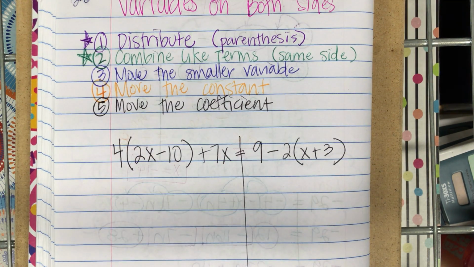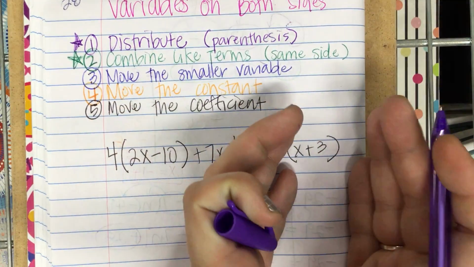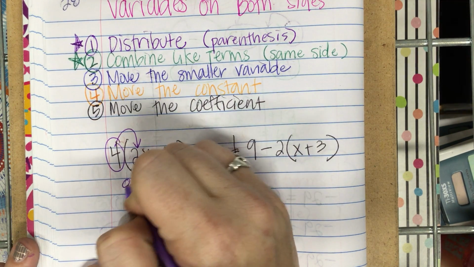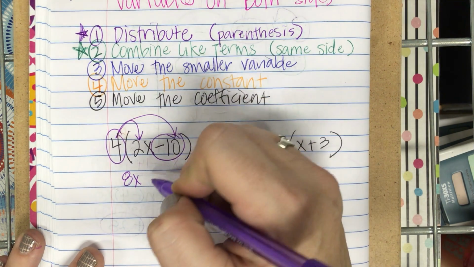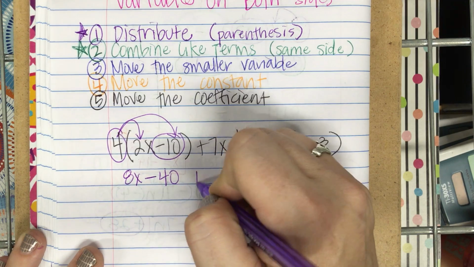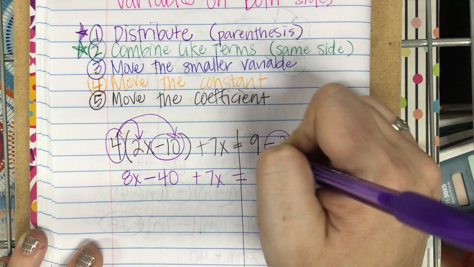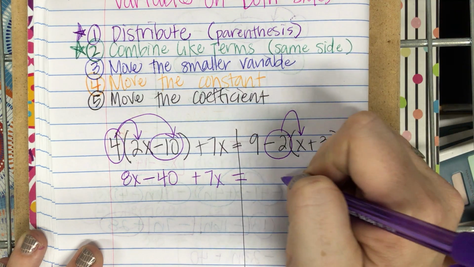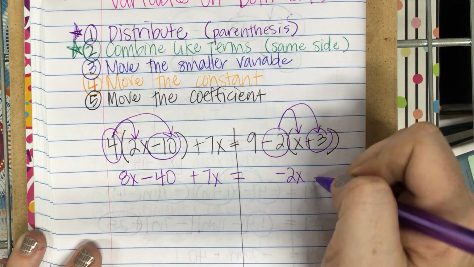My first question is, do I need to distribute? Are there parentheses? Yes. In fact, there are parentheses on both sides, right? So I'm going to have to do it once on the left and once on the right. 4 times 2x is 8x. 4 times negative 10 is negative 40, plus 7x, equals negative 2 gets distributed times x is negative 2x, and negative 2 times 3 is negative 6.